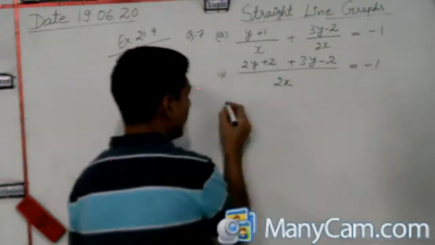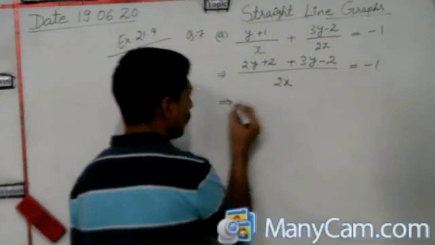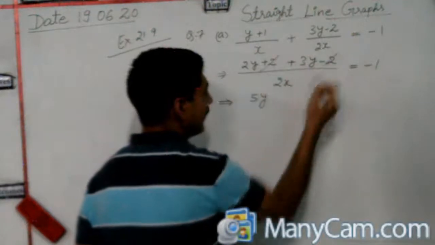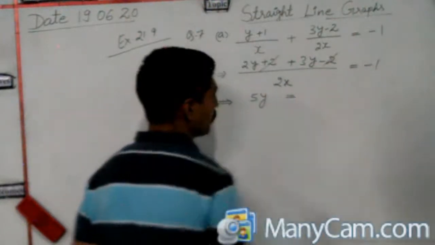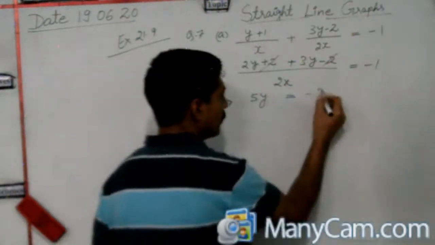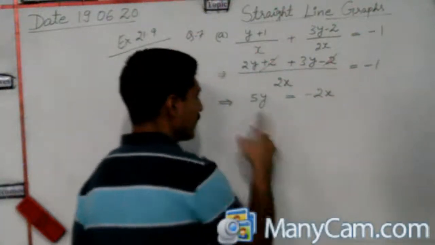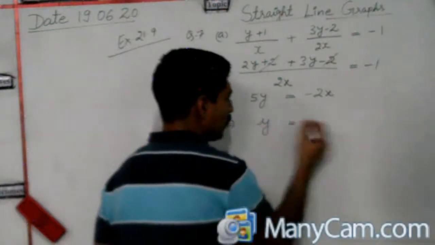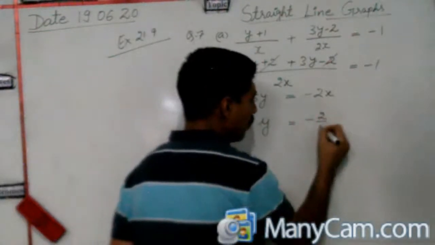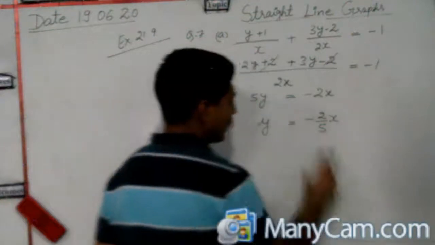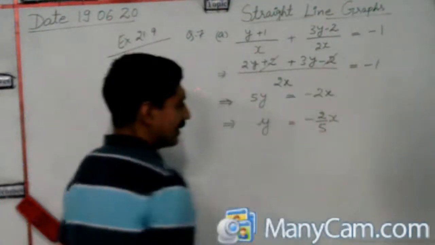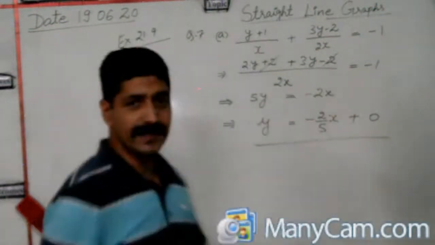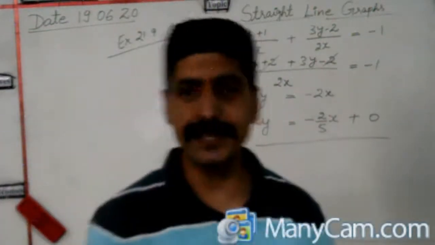This implies that we have 5y, 2 and 2 get cancelled, is equal to minus 2x. So here we can say that y is equal to minus 2 upon 5 x. So here the line has slope minus 2 upon 5. So very simple, you can rearrange.